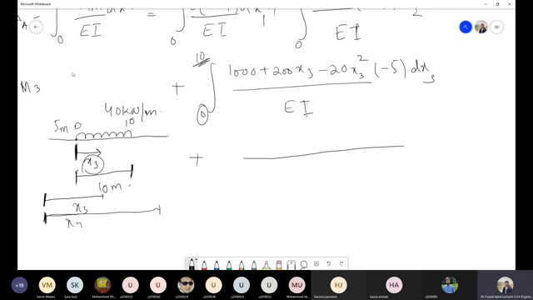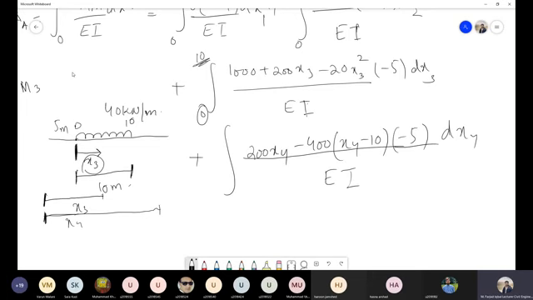The moments are, I'm directly writing the equation, that will be 200 into x4 minus 400 into x4 minus 10, minus 5 over EI into dx4. So what will be the limits for this section, this x4? 0 to 5.